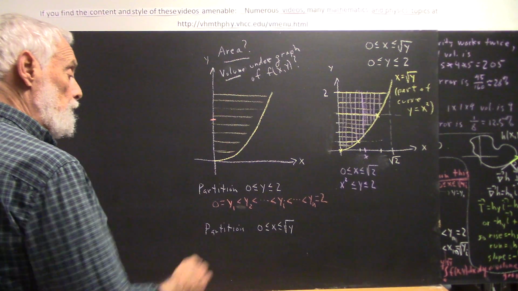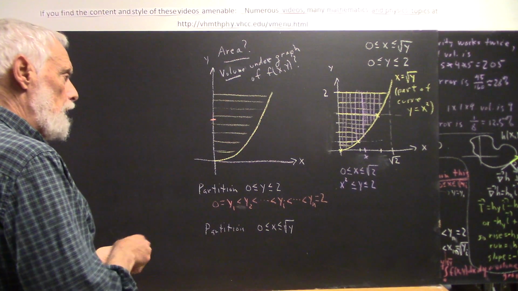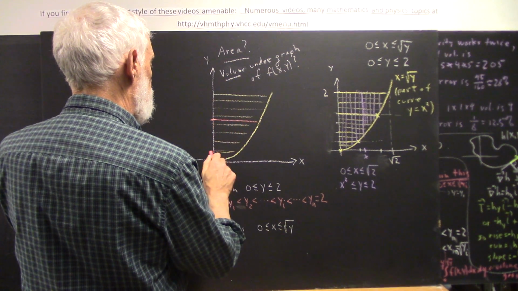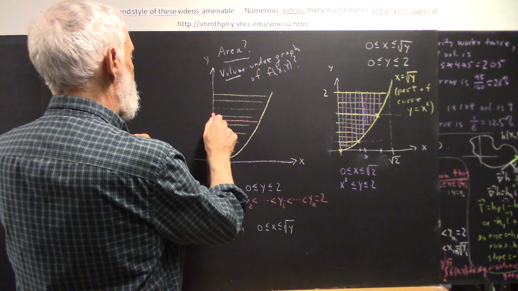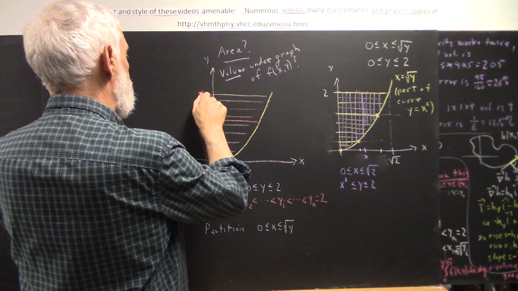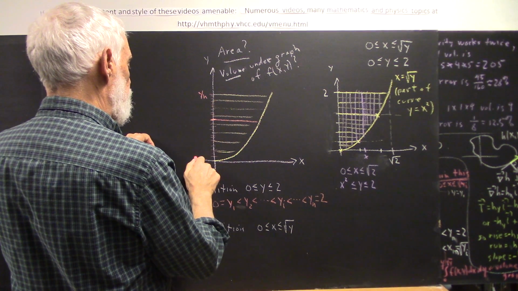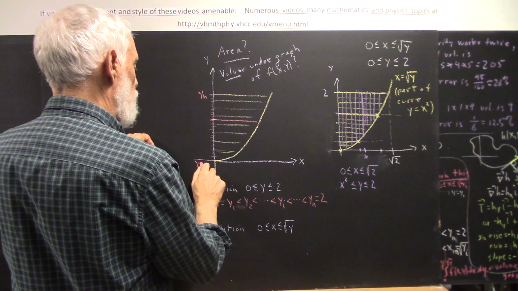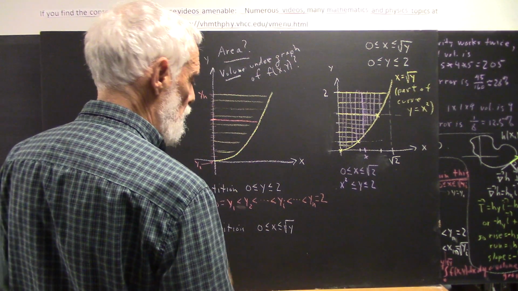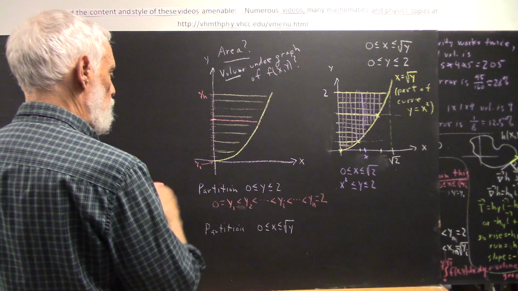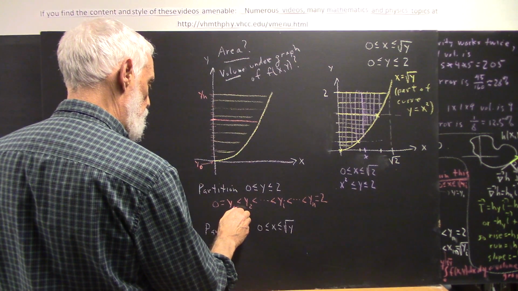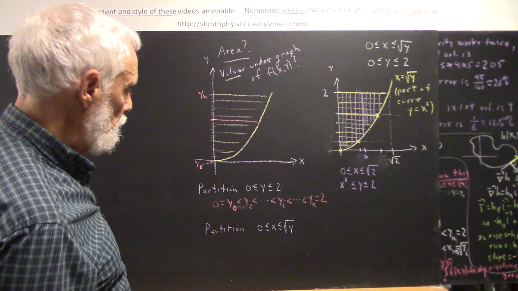Okay, well then we want to partition for each y, let's just say that here we've got a bunch of y values. So here's y sub n, and of course here is y sub 0. So we have n intervals.